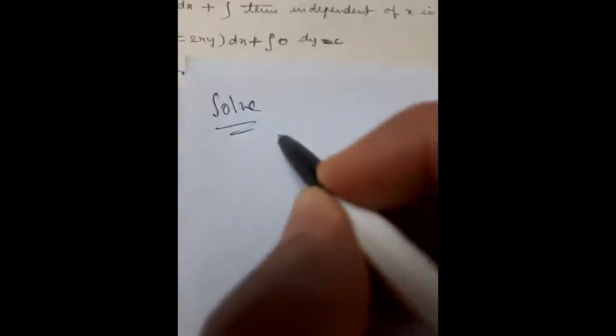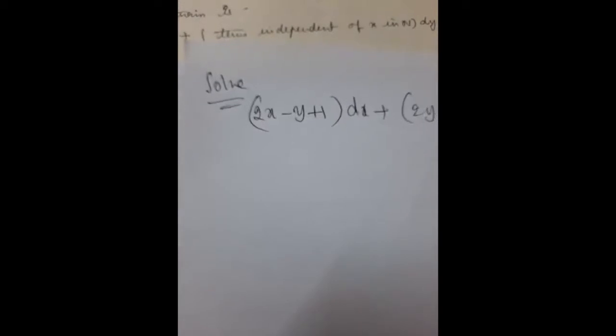Suppose a problem is given to you: solve the differential equation (2x minus y plus 1) dx plus (2y minus x minus 1) dy equal to 0.